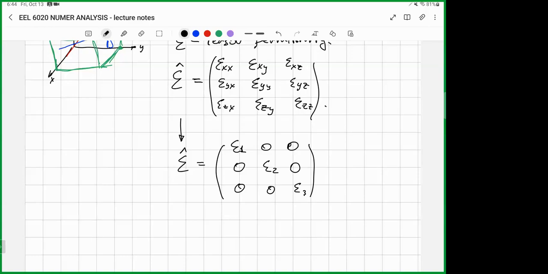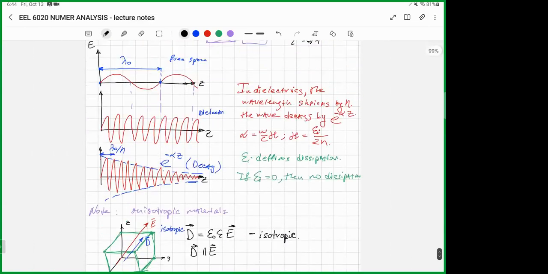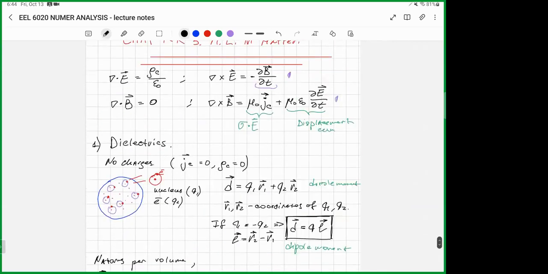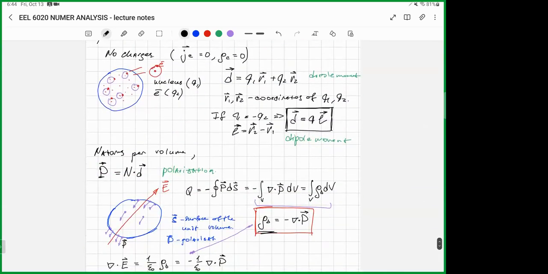So this was dielectrics. We introduced the concept of polarization vector, right?